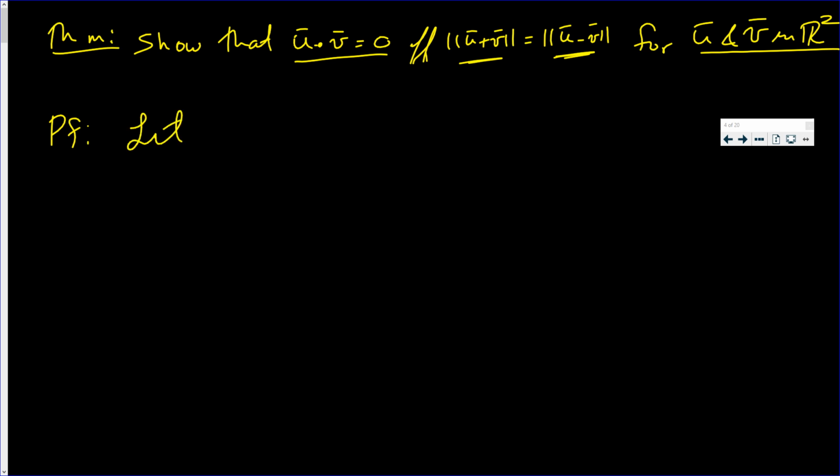Since we're in R2, let u equal (u1, u2) and vector v equal (v1, v2).